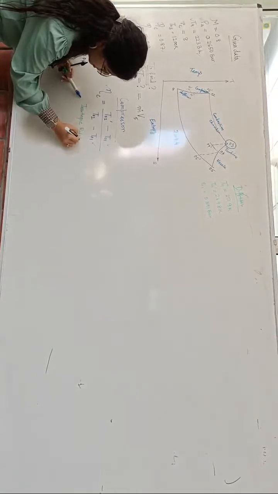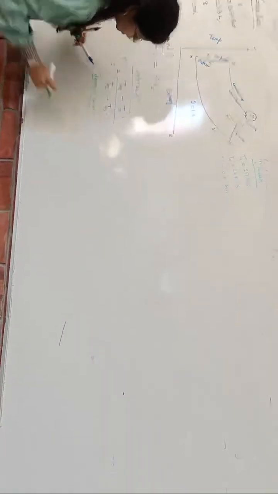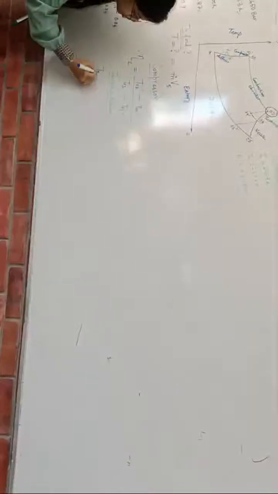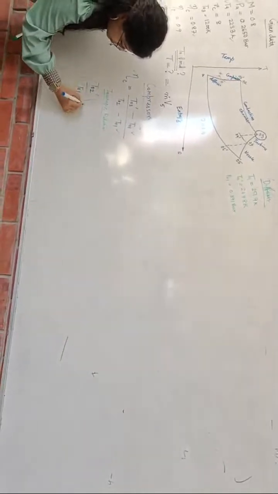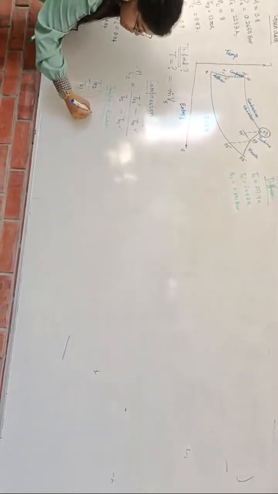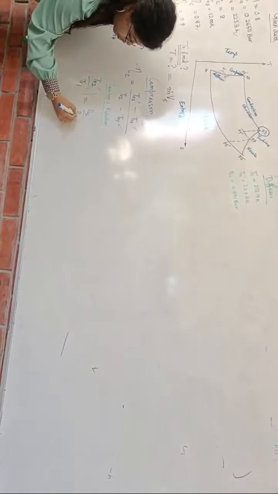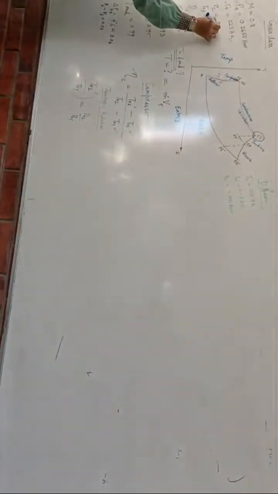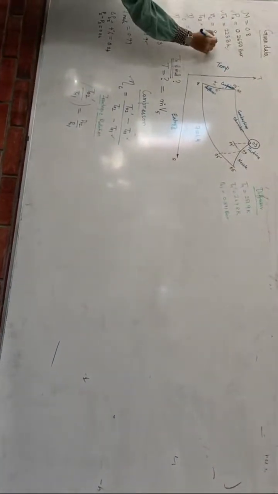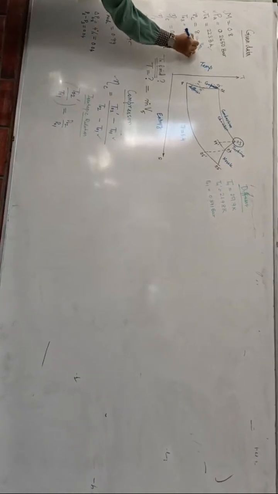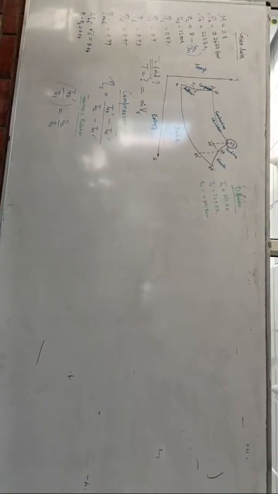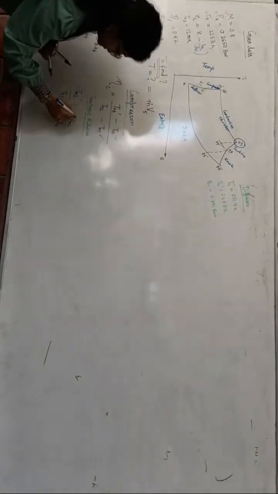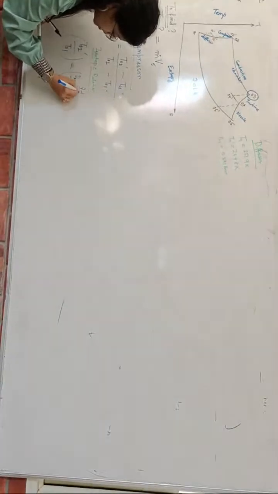Isentropic relation. Fine. What is the isentropic relation? Same. T02 prime by T01 is equal to the pressure ratio P02 by P01, which is nothing but the RC, that is the pressure ratio, raised to the power gamma minus 1 by gamma.